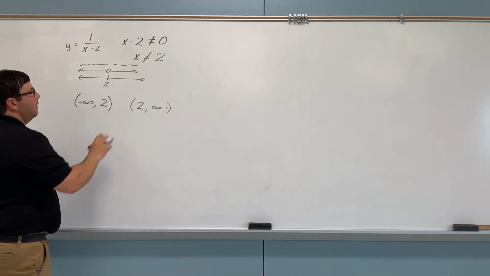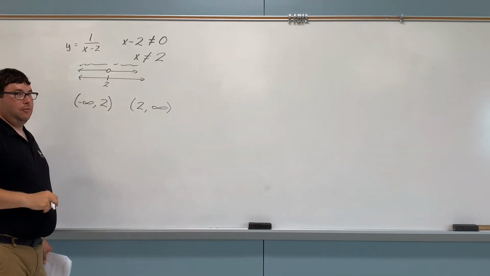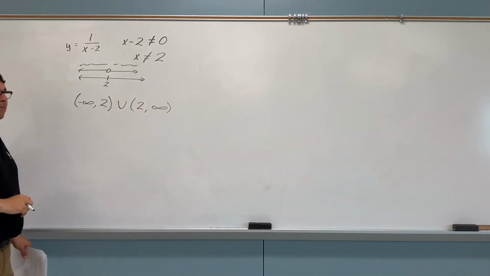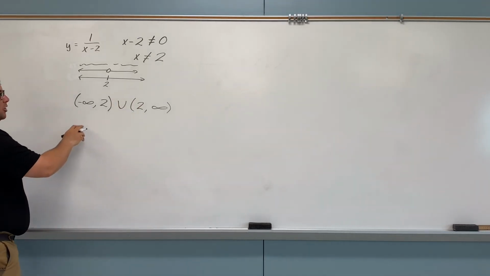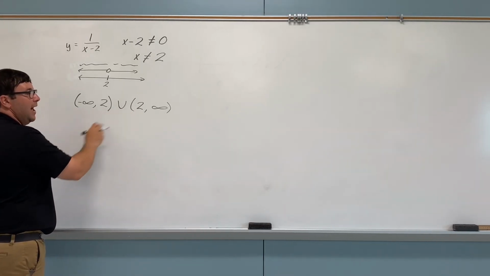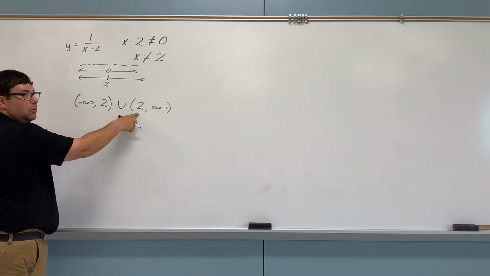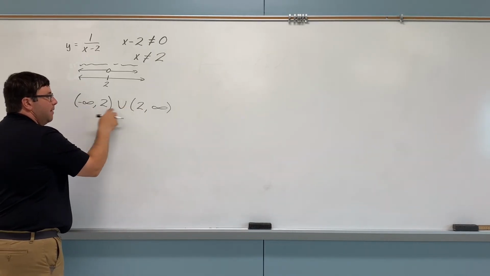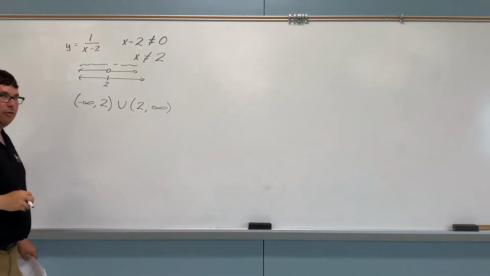Well, that part is also true, which means we have to union these, or marry them together. And so our interval notation is actually showing us a gap at 2. It's from negative infinity to infinity, but there's a gap at 2. We cannot include 2 as a value.